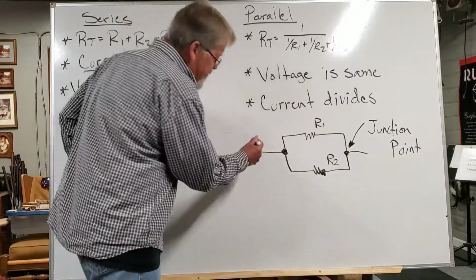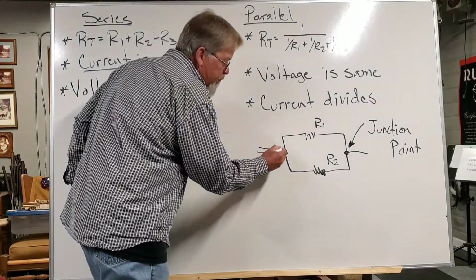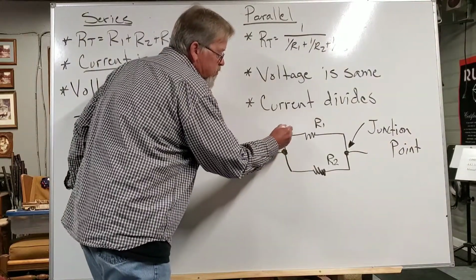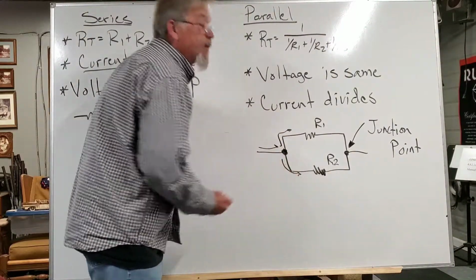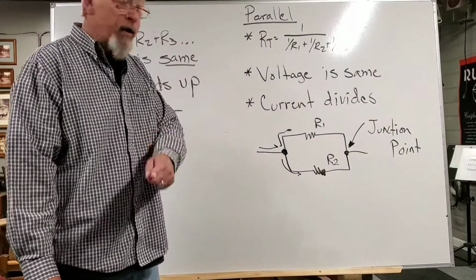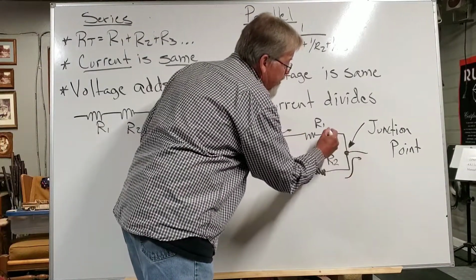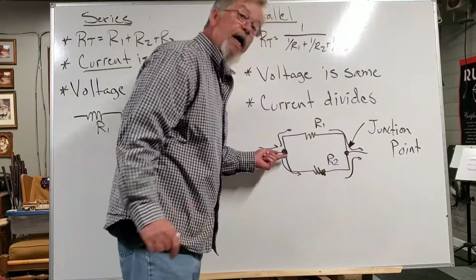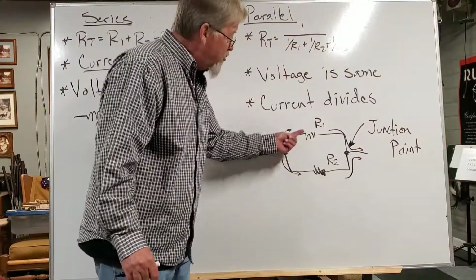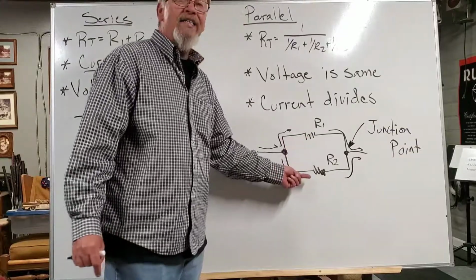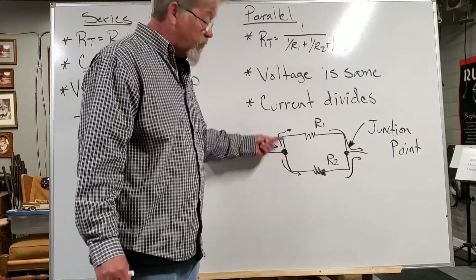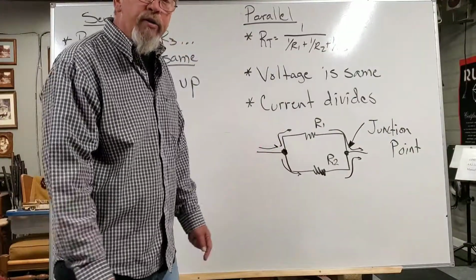Any current that comes into this junction point right here is going to split. Some of it's going that way and some of it's going that way. And guess what? When it comes out the other end, it's going to be the same current that went in. So these two currents will always add back up to the same current that went into the circuit.